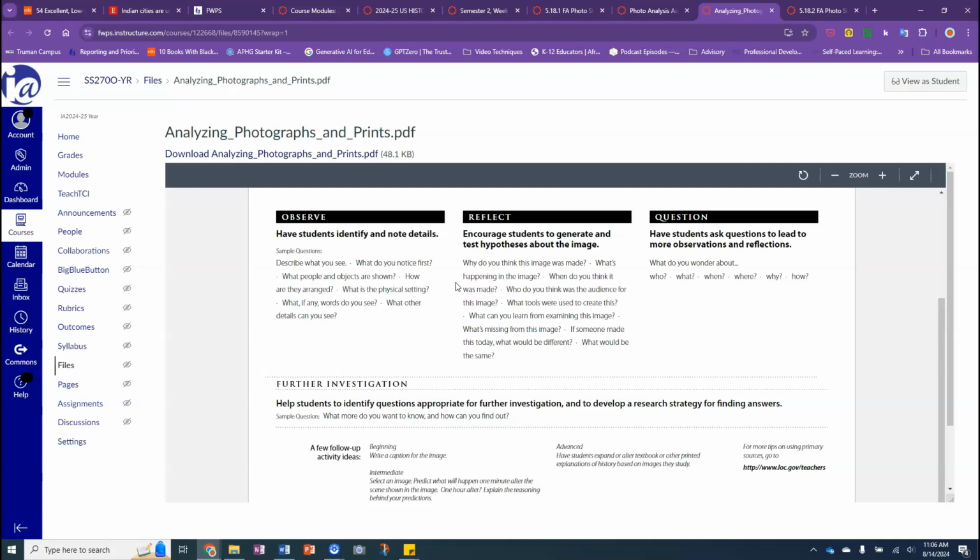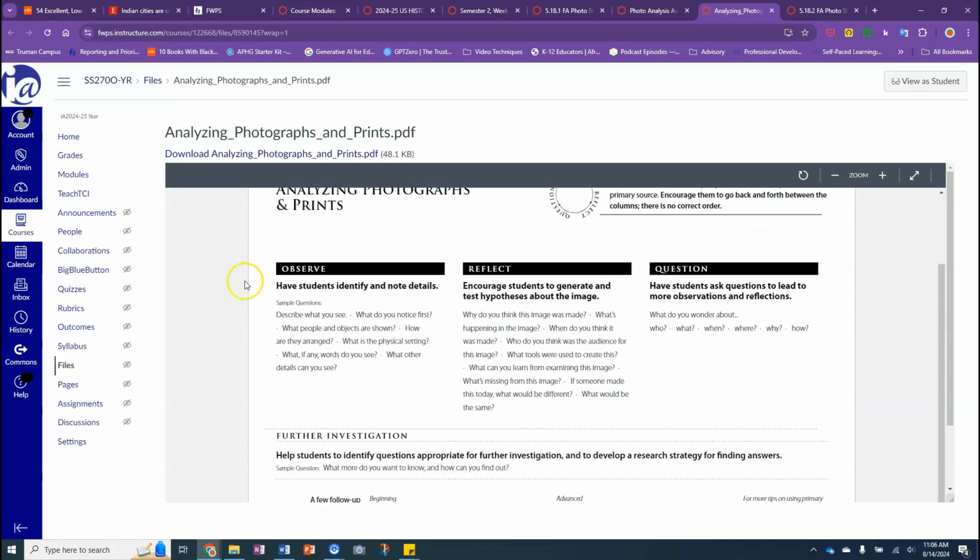Okay, so if you're not sure, and really this top part right up here will be enough. Okay, but if you're not sure how to do that photo analysis, just look at this page, pull a few of the questions, right? And answer the questions, if nothing else.